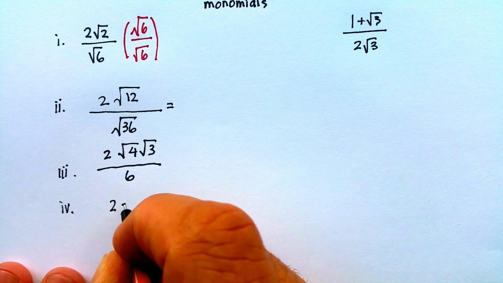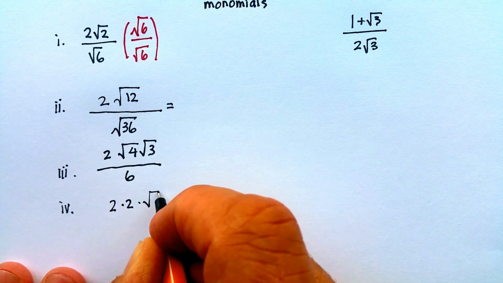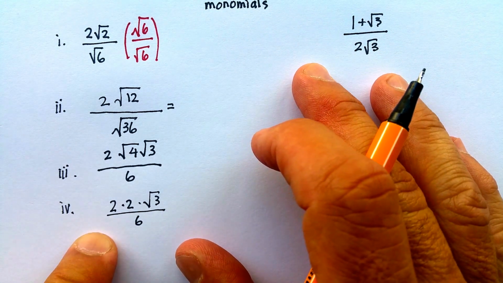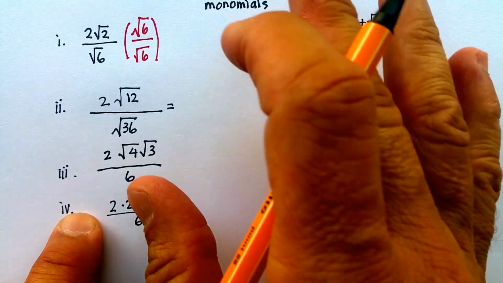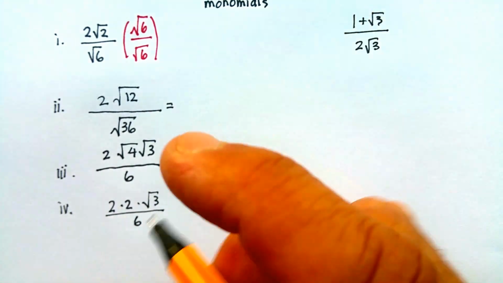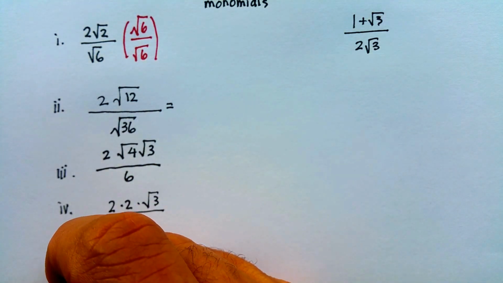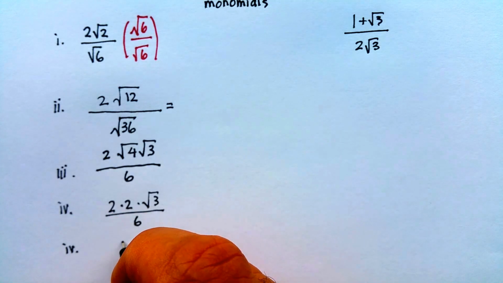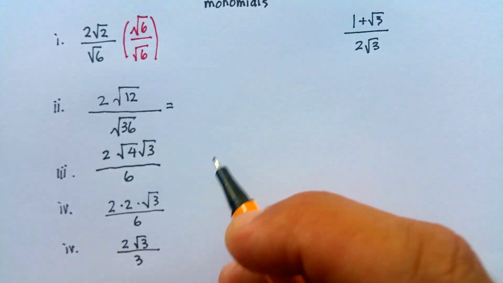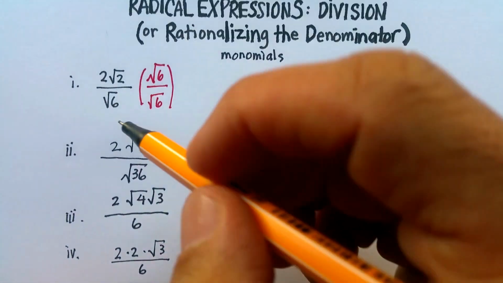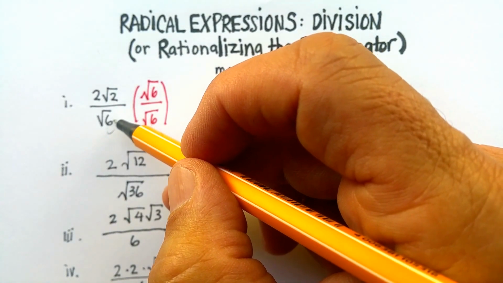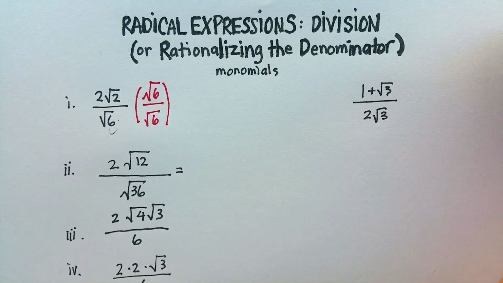It becomes 2 times 2 radical 3 over 6, or I get 4 radical 3 over 6. Now 4 over 6 is actually reducible as well. All right, so 4 over 6 becomes 2 over 3. And that is a simplified version of that particular expression, okay? And I've rationalized the denominator.